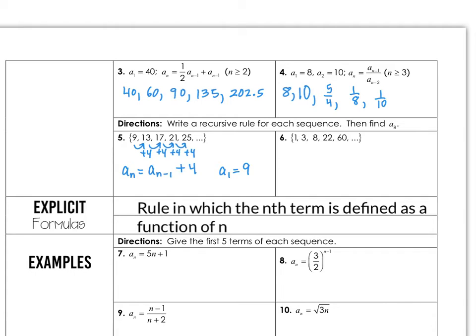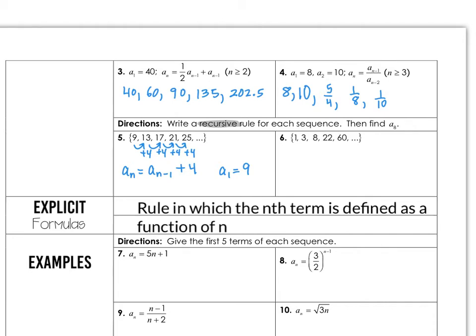Oh wait, we didn't do the 8th term. I'll do it in a sec. Okay, so I'm not seeing a pattern here because it's plus 2 and then plus 5, so it's not that, and we're not multiplying by the same thing each time that I can see. But since this is recursive, that is giving me a hint.